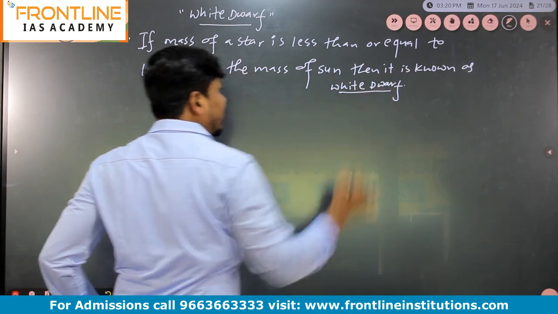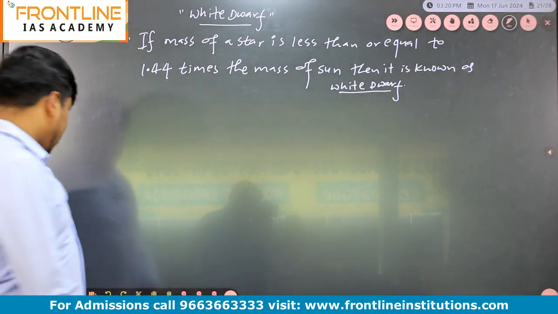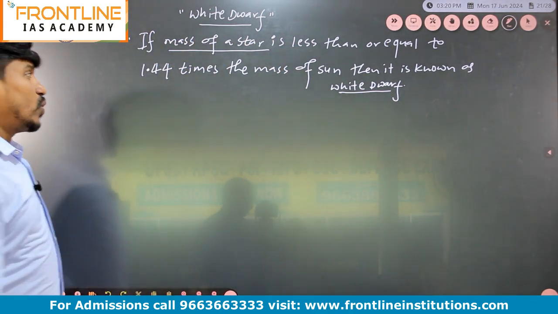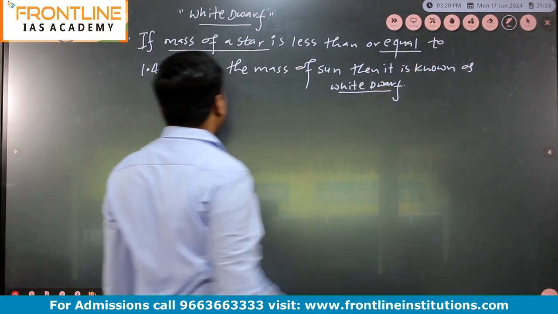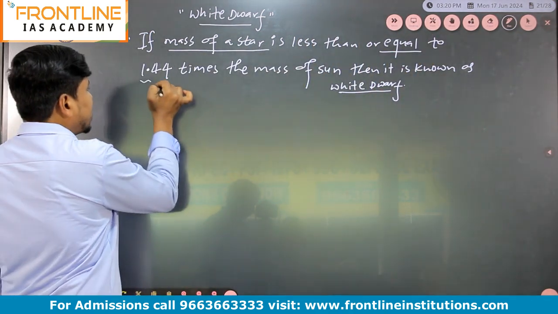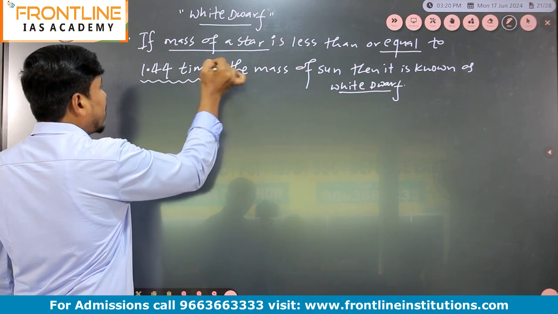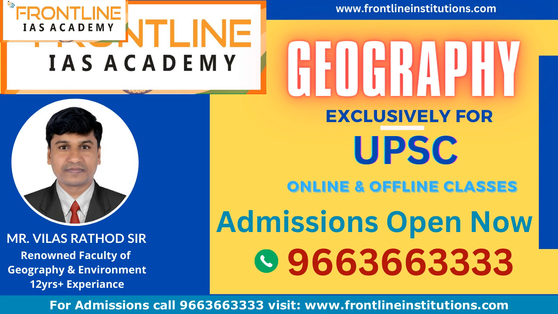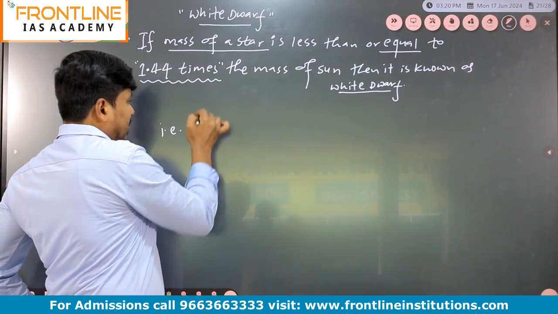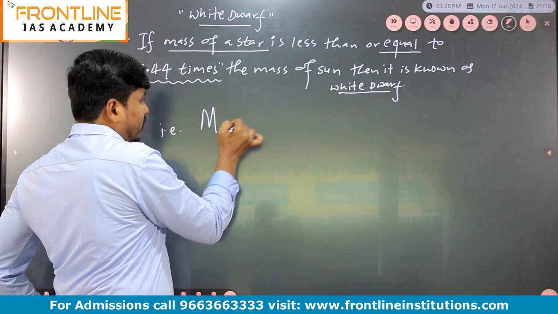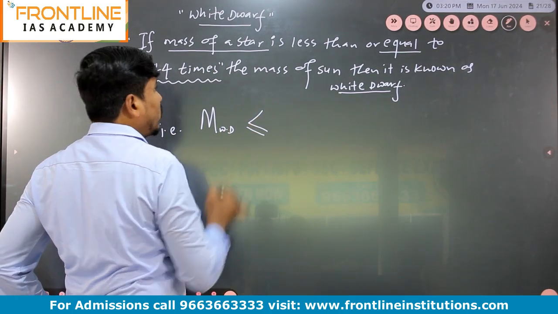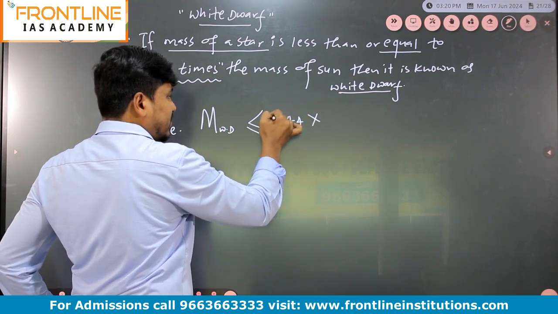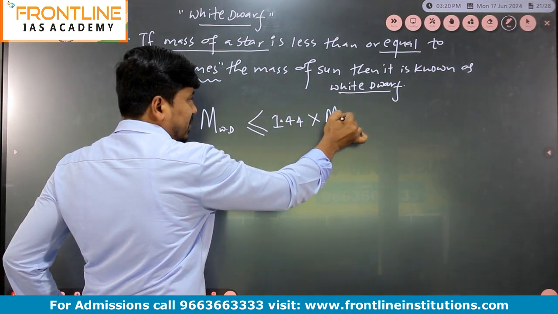So if the mass of a star is less than or equal to 1.44 times, this is very important, 1.44 times the mass of the sun, then it is known as a white dwarf. That is, the mass of a white dwarf is less than or equal to 1.44 times the mass of the sun.